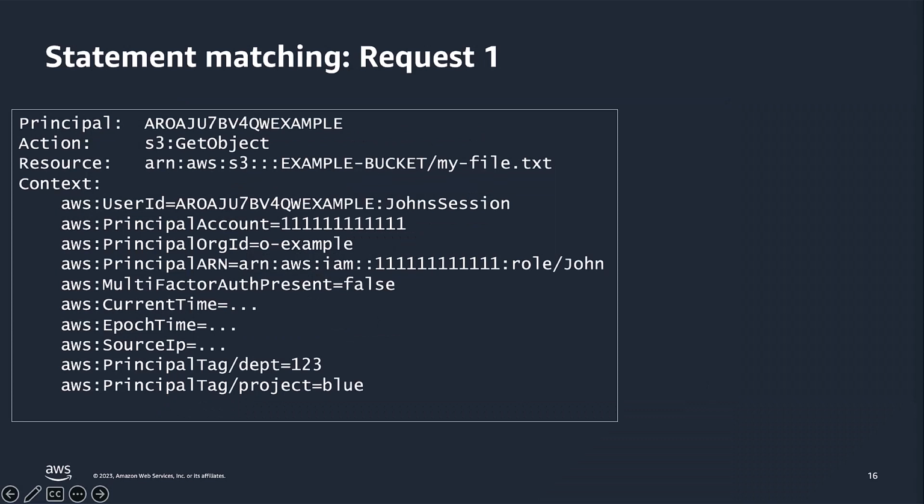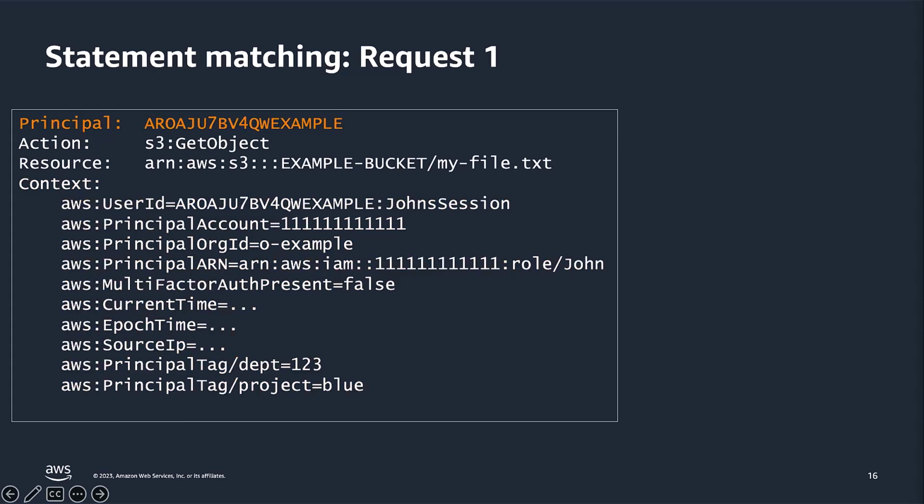Here's an example of what the authorization context could look like for John's attempt to perform a get object request against an S3 object named myfile.txt. You can see that the authorization context contains the action that John's principal is attempting to perform, the resource that John is attempting to perform that action against, and some additional context associated with the request. An actual request would contain more context than what you see here, but we're keeping it simple for these examples.